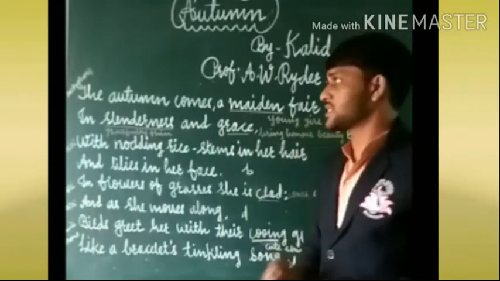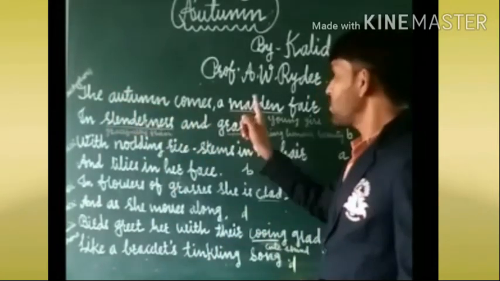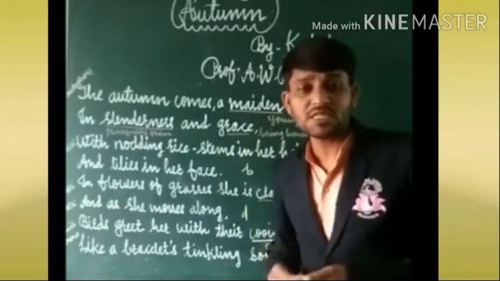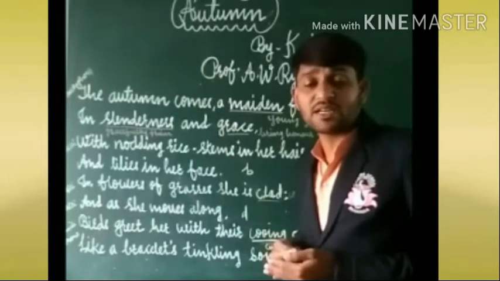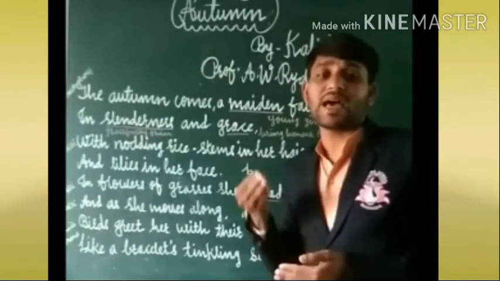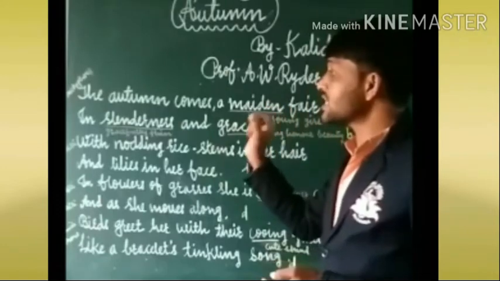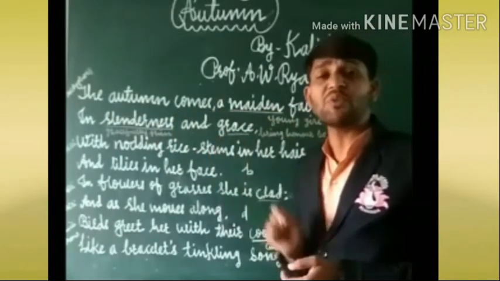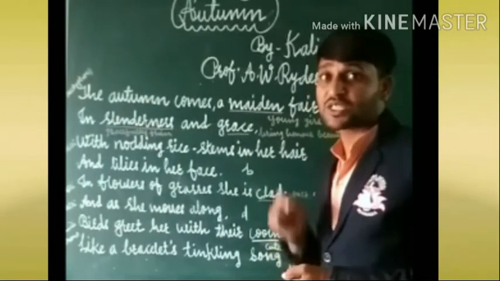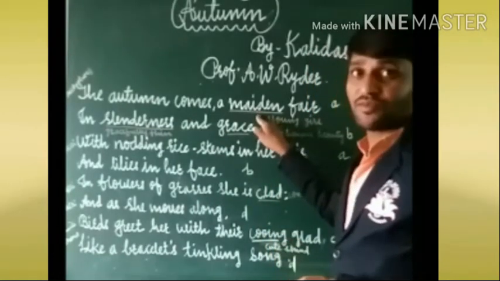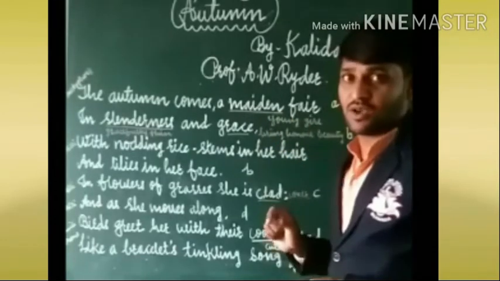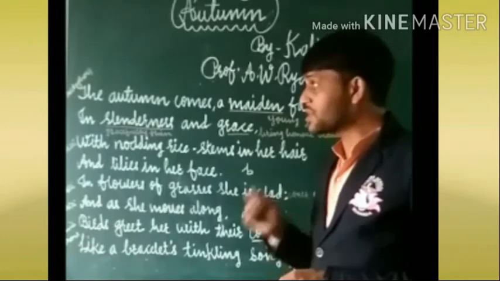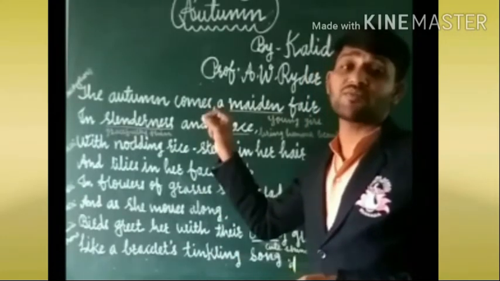So this is the first stanza of this poem. The first two lines: The autumn comes, a maiden fair. The autumn season, how does it come? According to the poet, it arises like a graceful, thin, slender, beautiful girl, called here a maiden fair, a very young and very beautiful girl, very thin, and her beauty is personified here.